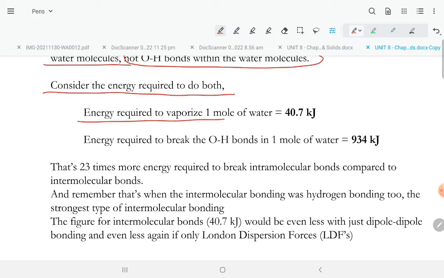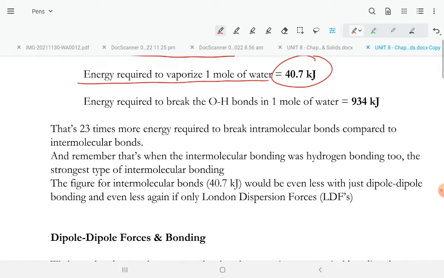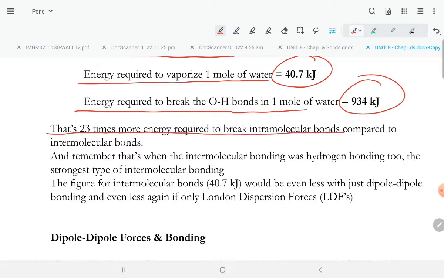Consider the energy required for both. The energy required to vaporize 1 mole of water is 40.7 kilojoules, and the energy required to break the OH bonds in 1 mole of water is 934 kilojoules. That is 23 times more energy required to break intramolecular bonds compared to intermolecular bonds.